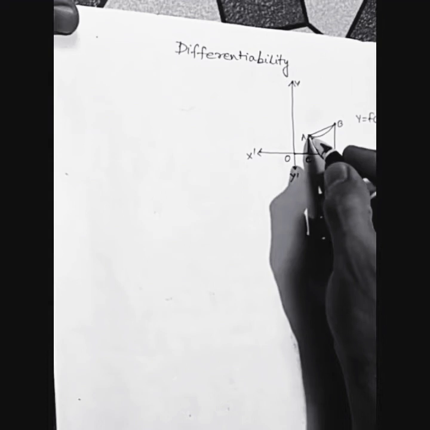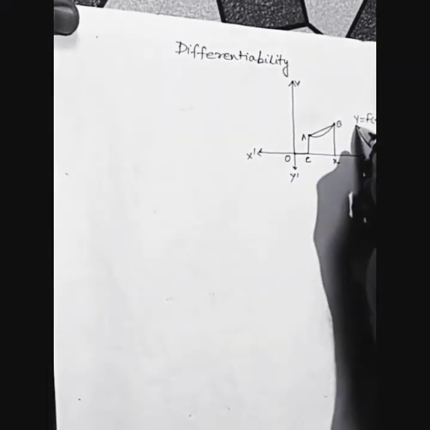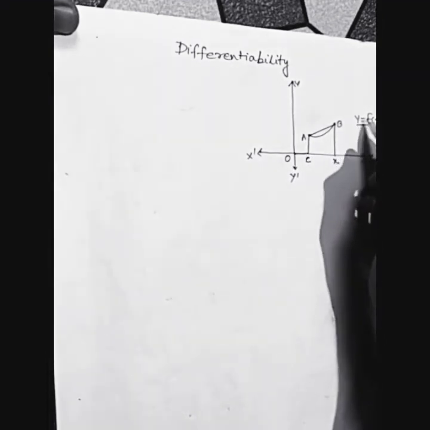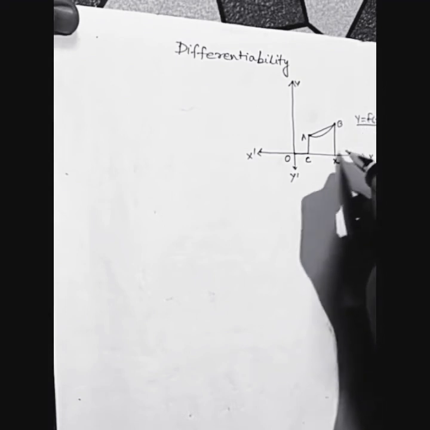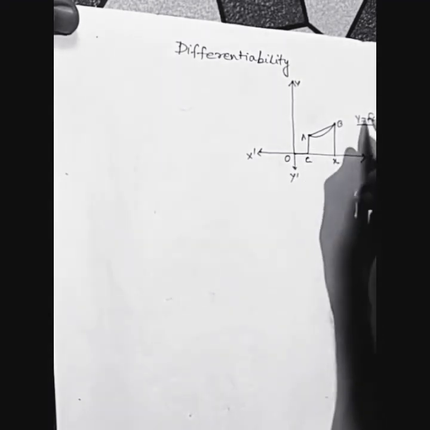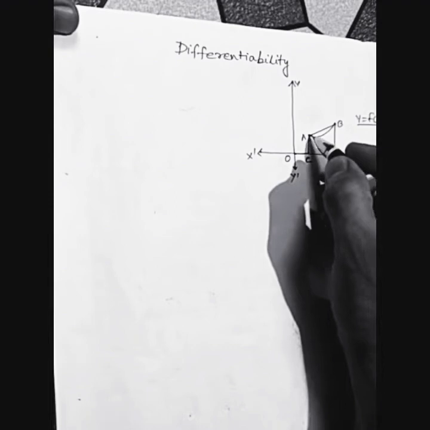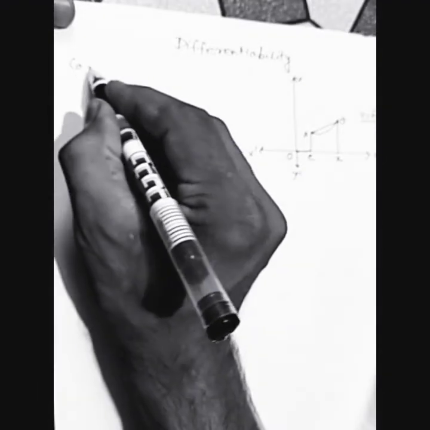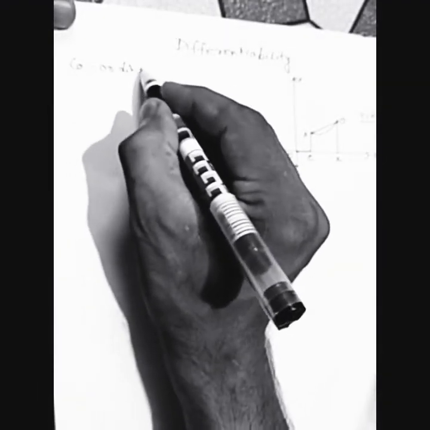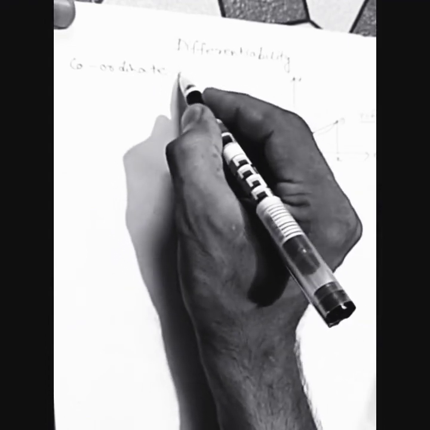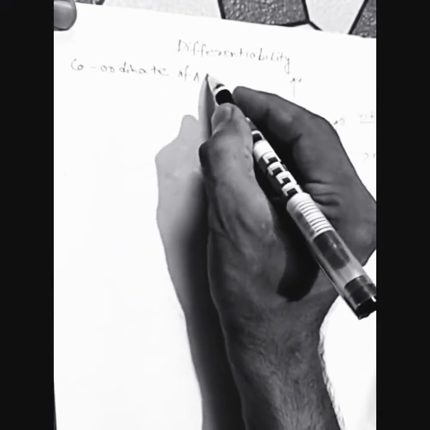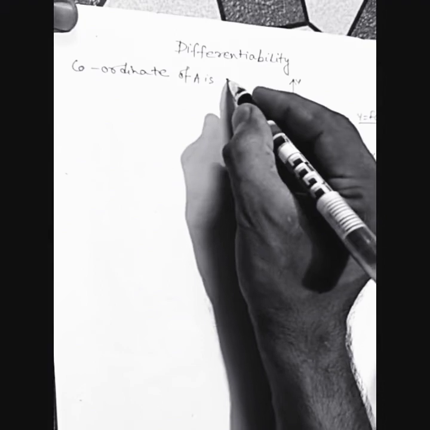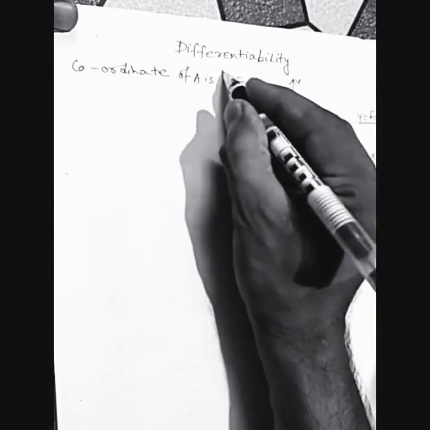I can take the function y equal to f of x. So when x equals c, then y equals f of c. So the coordinate of A is c comma f of c.